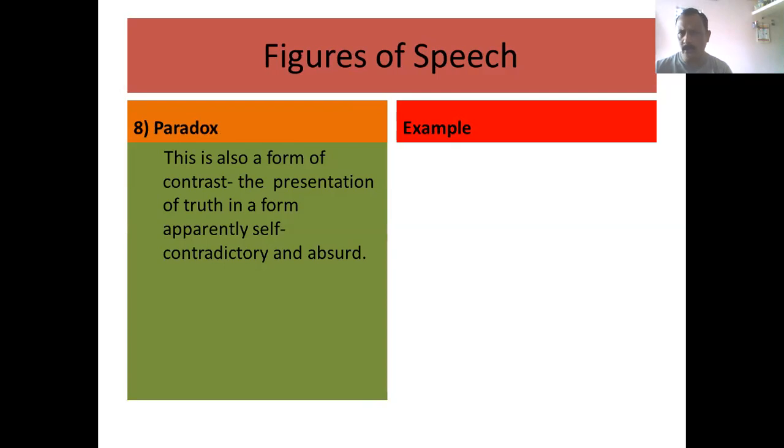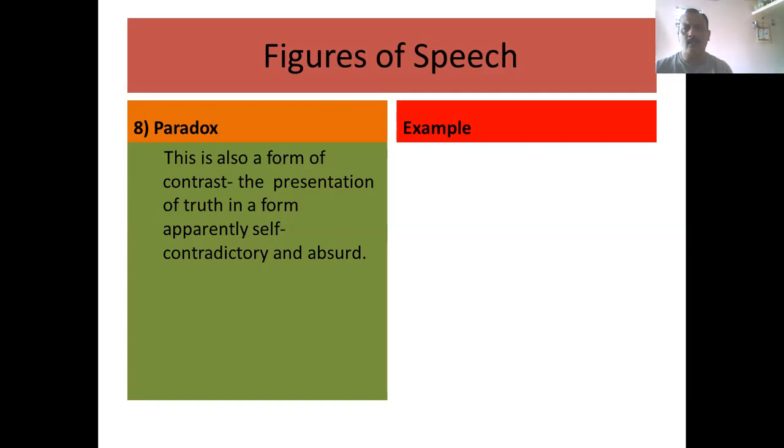Truth is shown in this line and you will find that it is apparently self-contradictory and absurd. It means a humorous line is there, a laughable line is there, and self-contradictory means it is opposite of itself. The same thing is expressed there.